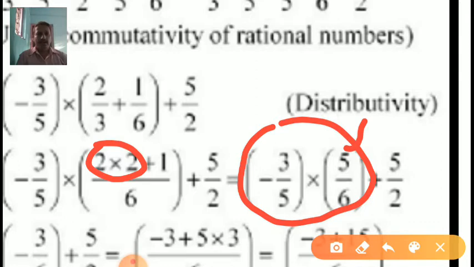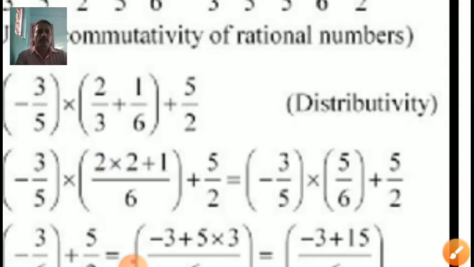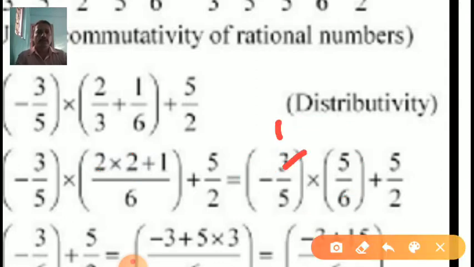So we know 3 ones are 3 and 3 twos are 6. Once again, see, 3 ones are 3, 3 twos are 6. Same way, 5 ones are 5, 5 ones are 5.